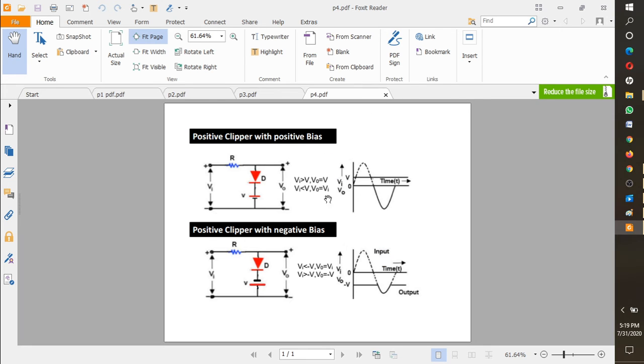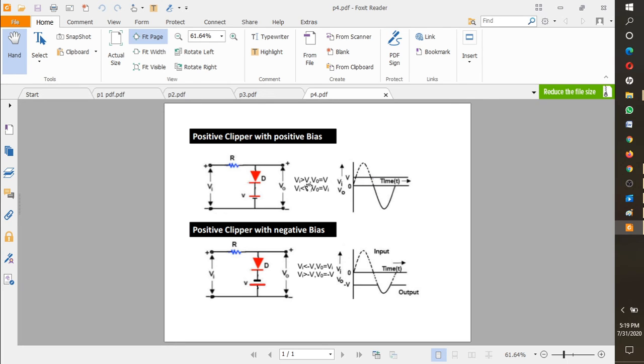Now in the next part we considered positive clipper with positive bias. Also we see that a certain portion of the input voltage in the positive half cycle is clipped off.